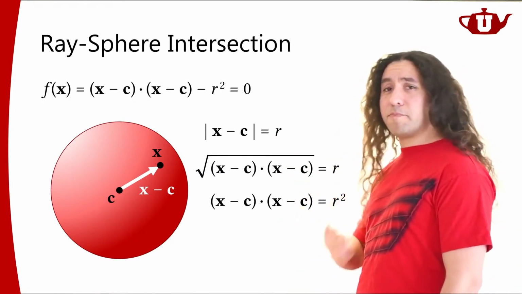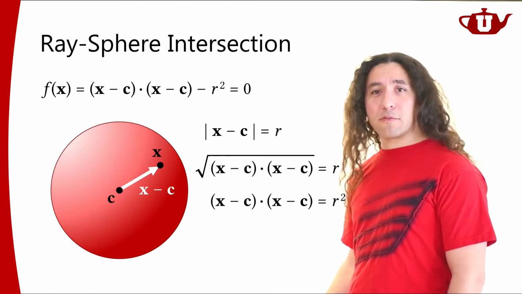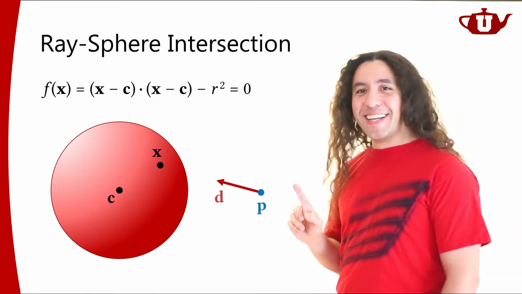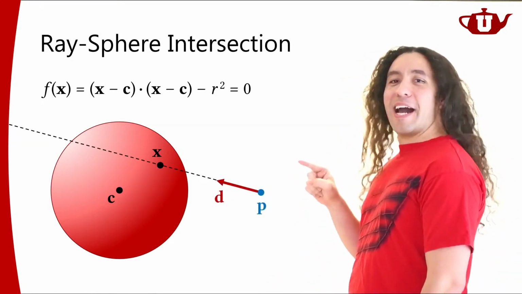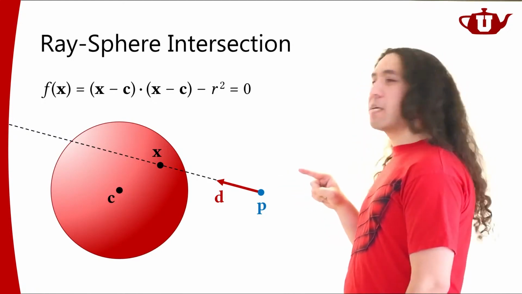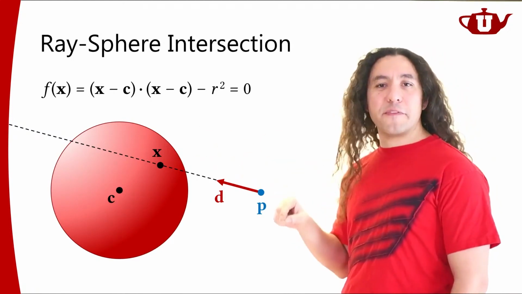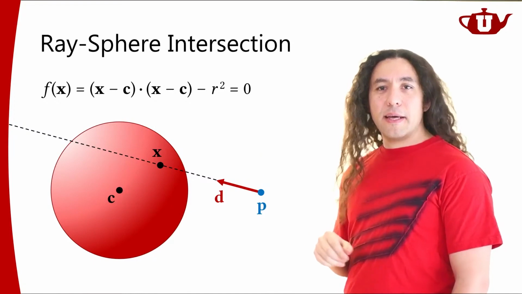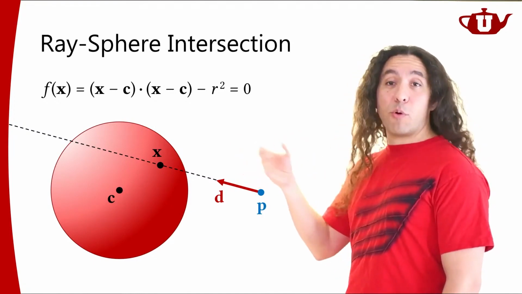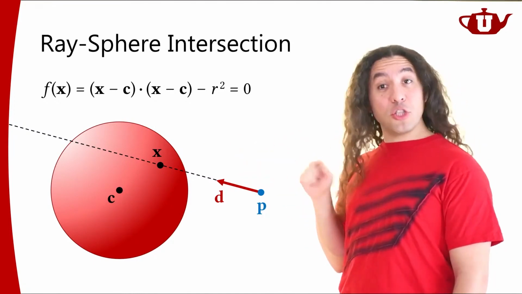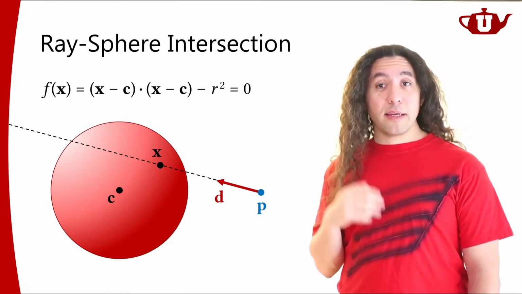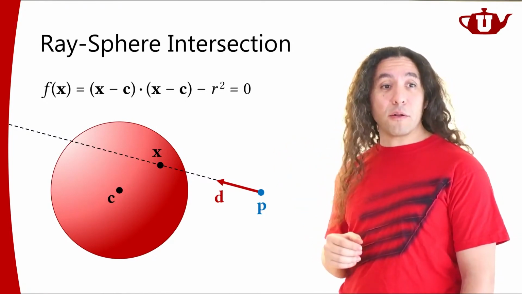So okay, let's put all this stuff away. We're going to talk about ray intersections with a sphere. Let's say that I have a ray, and that ray goes through a point on the sphere. I'm going to call that point x, and I would like to be able to find that point x. I would also like to check if this ray intersects with the sphere at all.